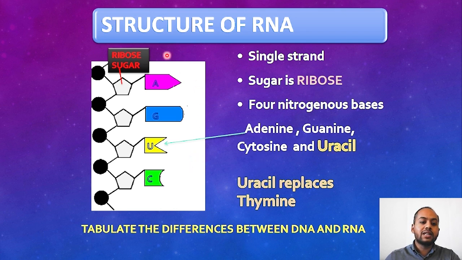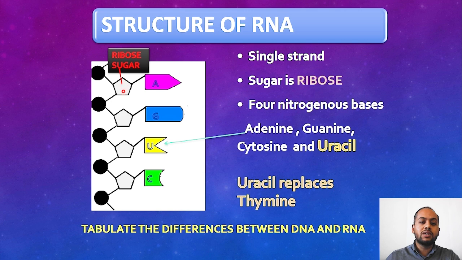If we have a look at the diagrammatic representation of an RNA molecule, you will notice firstly that it's a single-stranded molecule. You only have one single strand here. Once again, you are going to have your nucleotides as the building block of the RNA molecule.